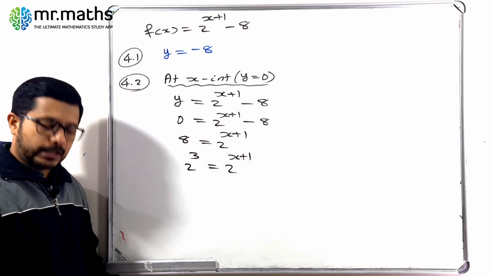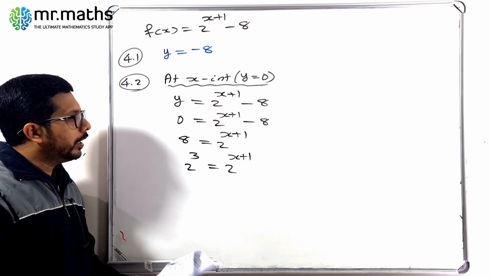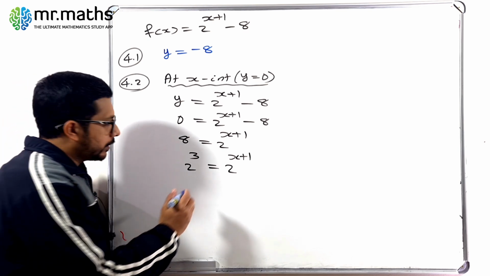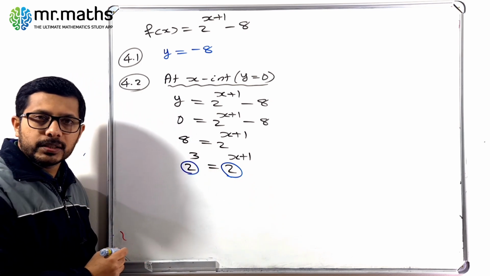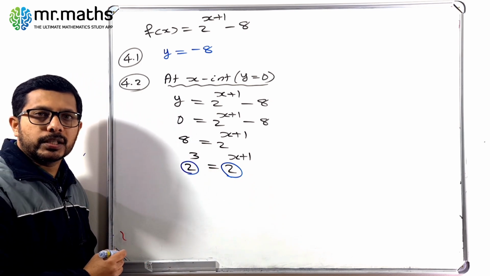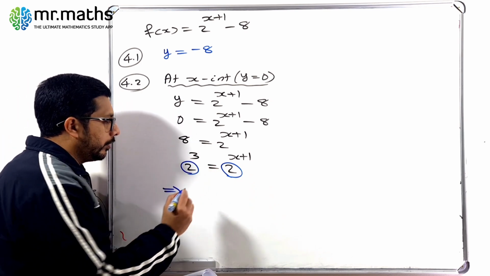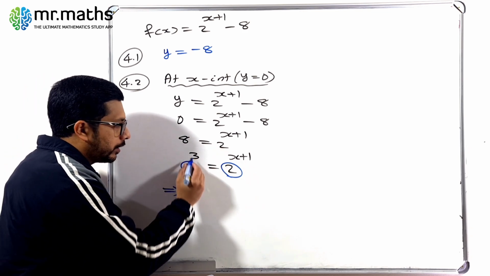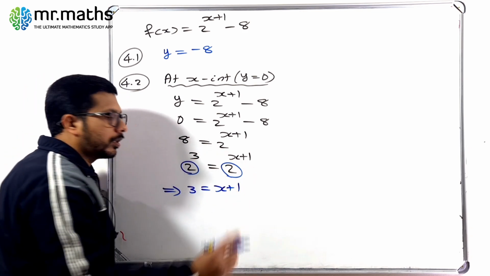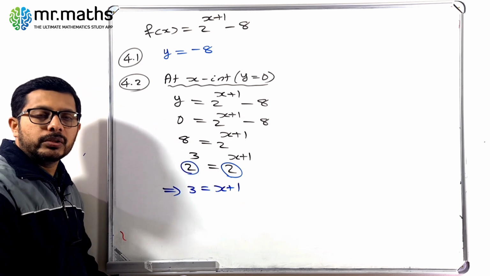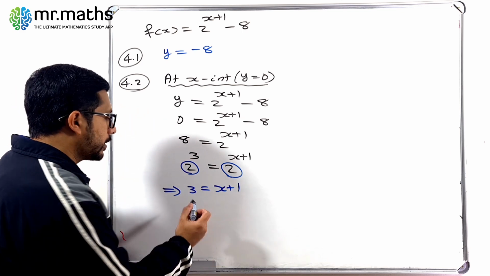Can you say what is the next step? Here you can see that the bases are the same. So it implies that we can equate the exponents. That is, the exponent 3 is equal to x plus 1, or x plus 1 is equal to 3. So from there, what is x?